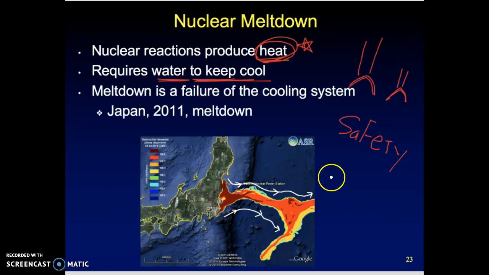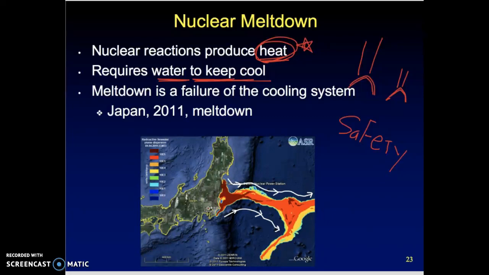Some of it was fairly immediate, within days to weeks. Some of it was months later that this nuclear fallout eventually reached different regions. So the concern about nuclear is the radioactive material used. When you have a failure, it's a massive failure. It's a significant failure, and that can lead to some very big safety issues.